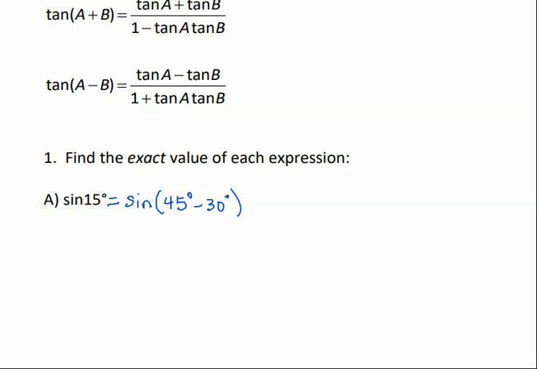Now, the difference identity for sine is the sine of a, which in this case is 45 degrees, times the cosine of b, which in this case is 30 degrees, minus the cosine of a, which is 45 degrees, times the sine of b, which is 30 degrees.